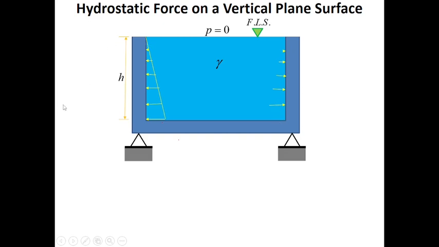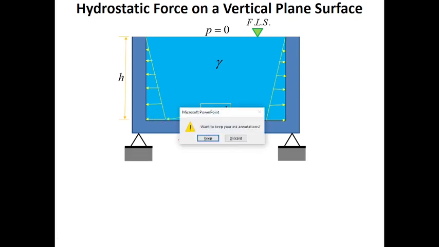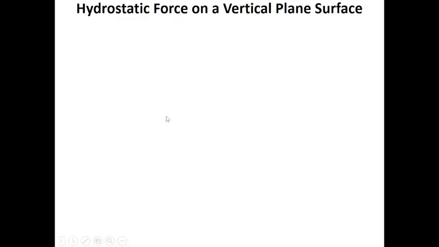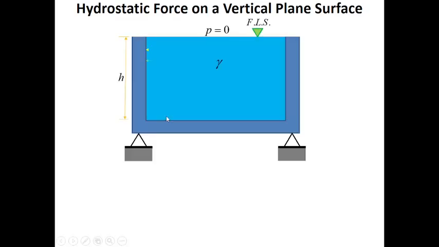Kasi ang alam natin, ang pressure formula ay... anong ating pressure formula? So, ano yung ating pressure formula? Unit weight times the altitude if the pressure at the top is 0.